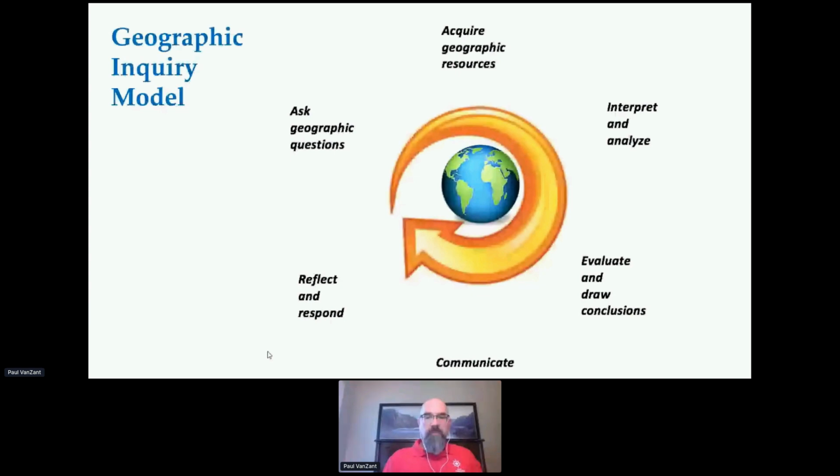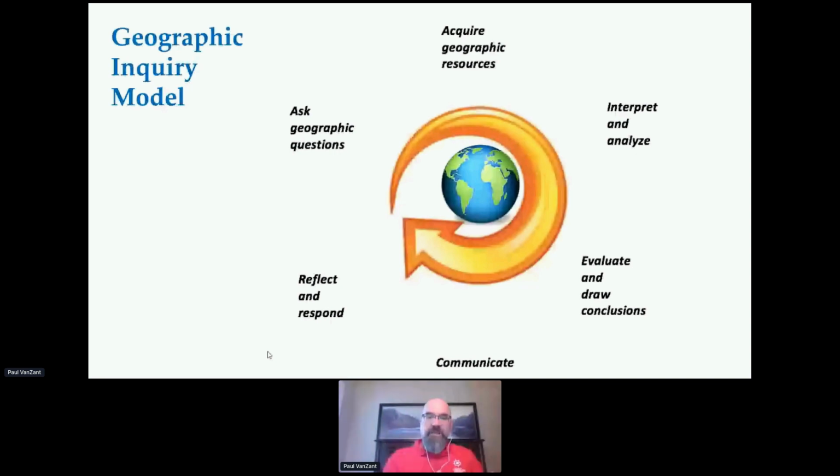The ability to have students ask questions, acquire appropriate geographic resources, interpret and analyze those resources, evaluate the materials that they have and draw conclusions, and communicate that information. And then once the process is coming to an end, to reflect and respond, and perhaps end up asking further questions to expand upon these ideas.